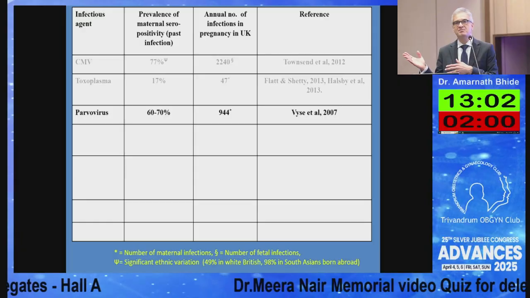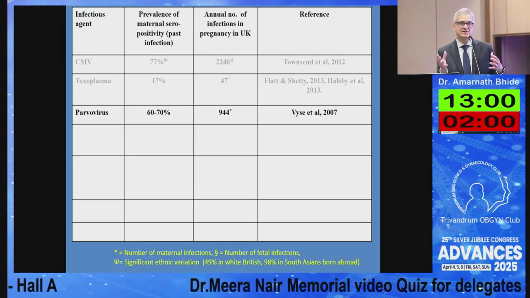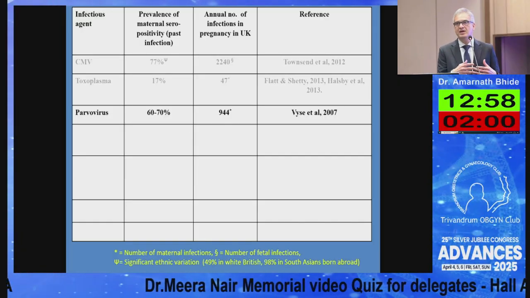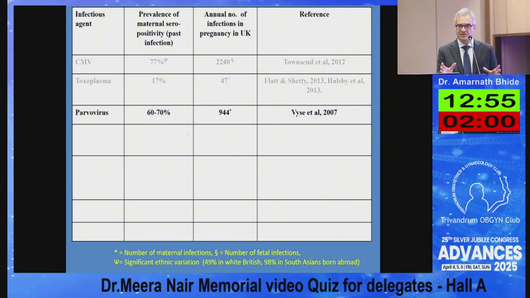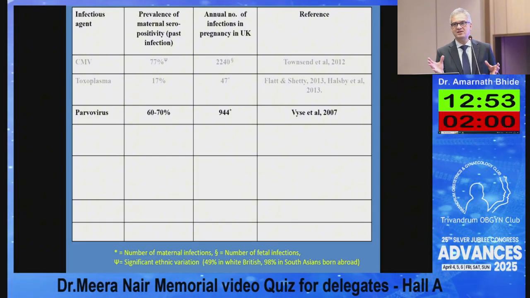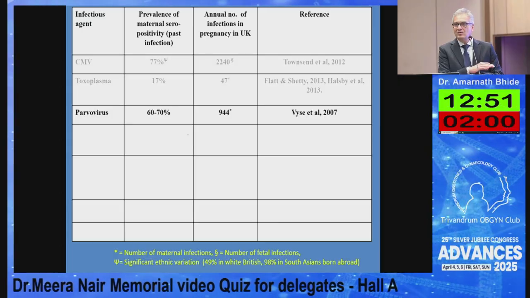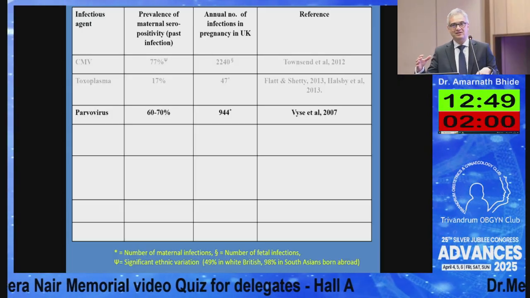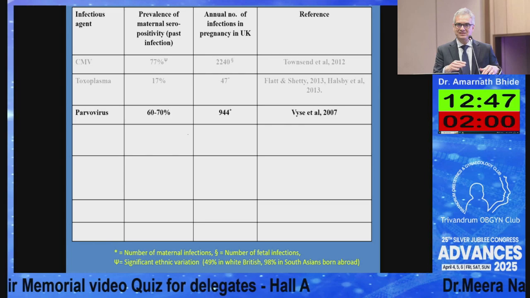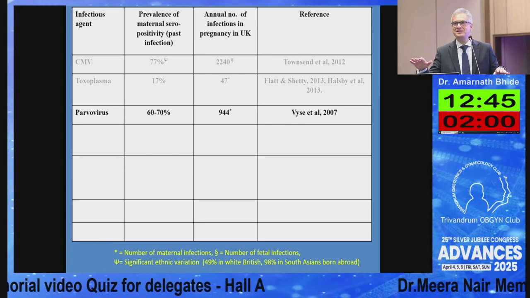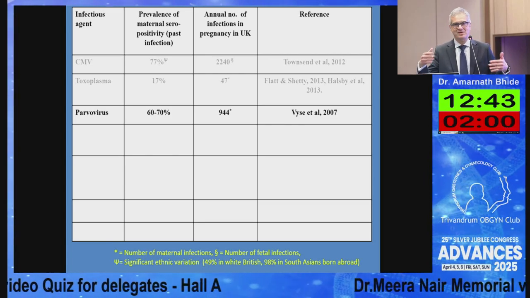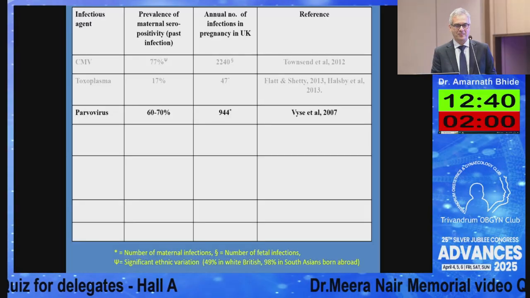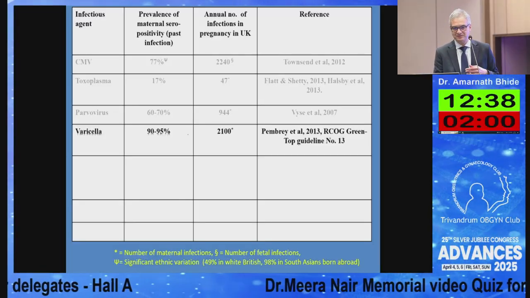And when there is an epidemic going on, we suddenly start seeing patients in a cluster. Quite a few patients come together at one time. And then once the population gets immunized, there is no more infection for another year. And then another epidemic comes up, and then we see another cluster. So that's how parvovirus works.